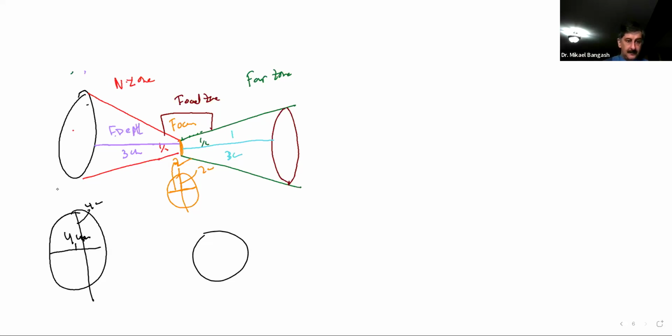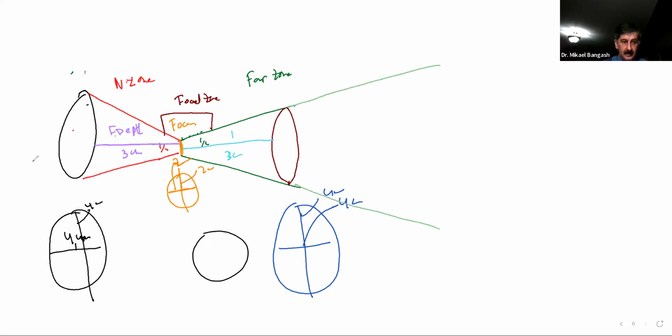Per standard, the diameter of the beam here is going to be the same as what it was over here, so it's going to be 4 centimeters by 4 centimeters, because this distance from the focal point to the point we talk about is the same as your focal depth. Clear? Okay.